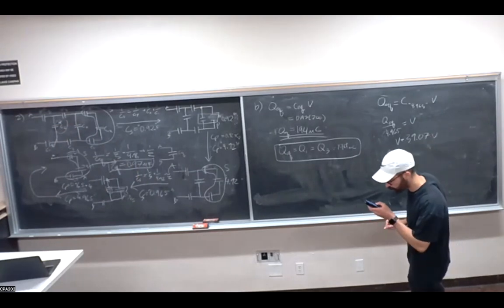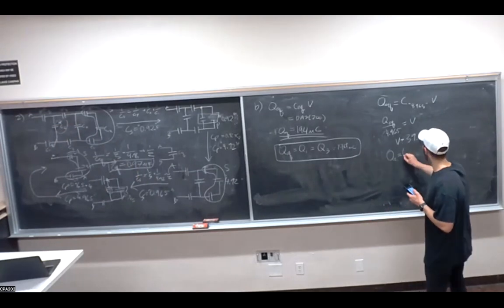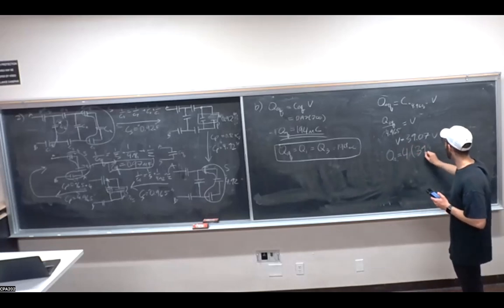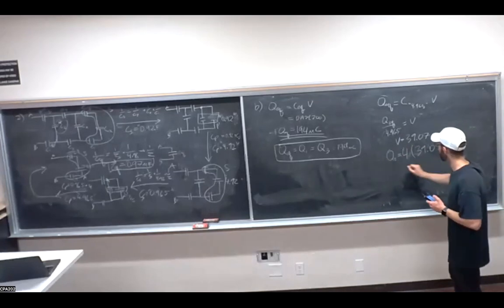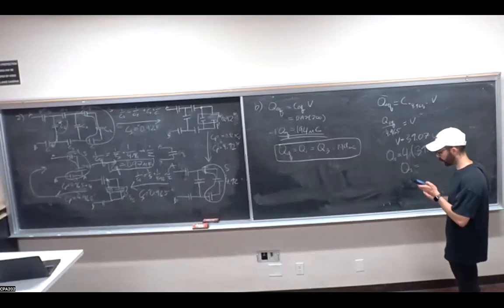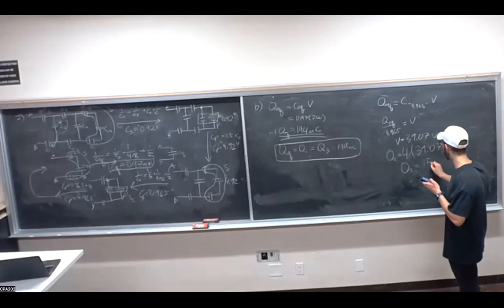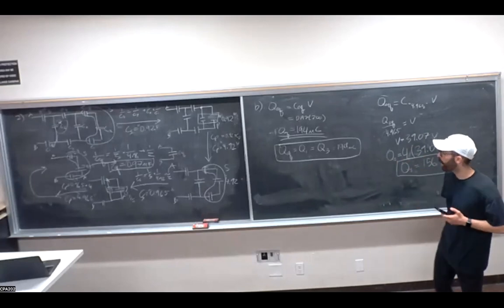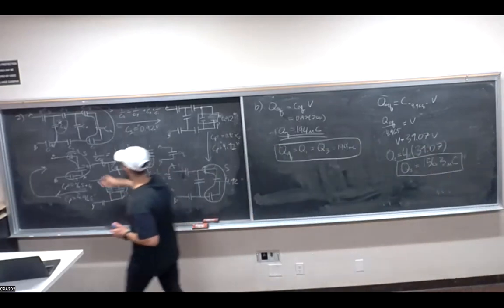C2 is 4. Yeah, so it's equal to 4, that's the capacitance of that position, times 39.07. Q2 is going to be equal to 156.3 microcoulombs. We have now found the charge at all those positions of interest.